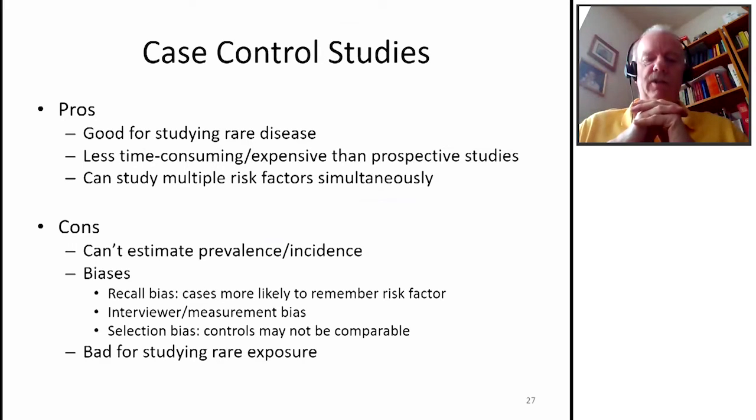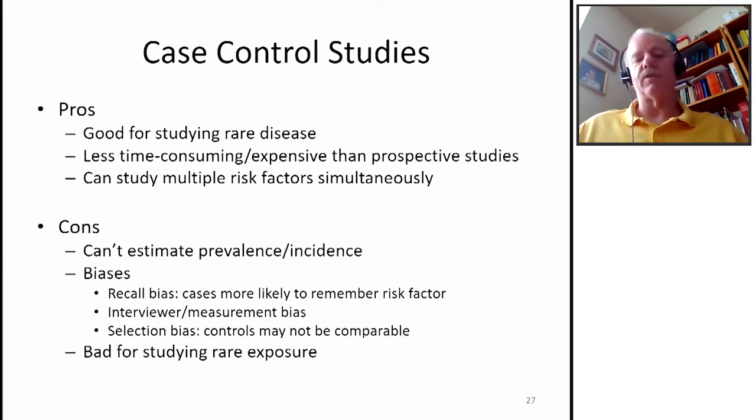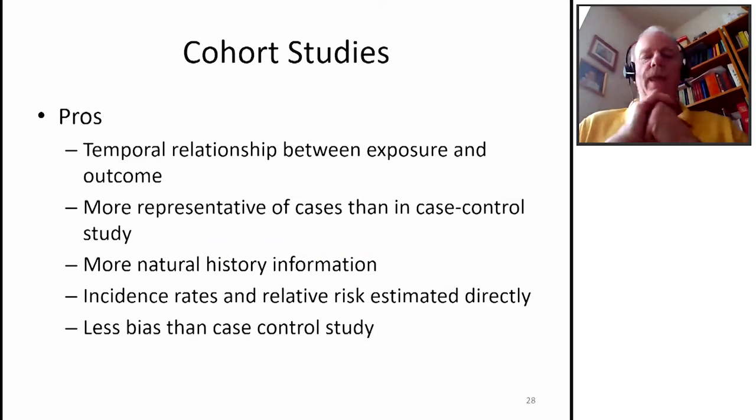When you look at people who have lung cancer versus people who don't, how do you know that they're comparable with respect to everything except smoking status? It's pretty hard. This is also not a good design if the exposure, the risk factor, is rare. It's great if the disease itself is rare, but not if the risk factor is rare.